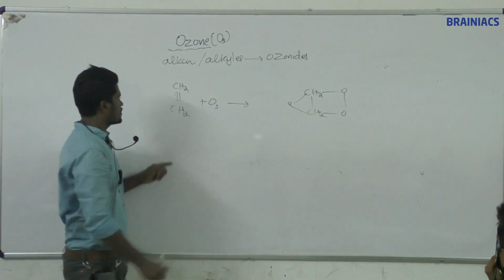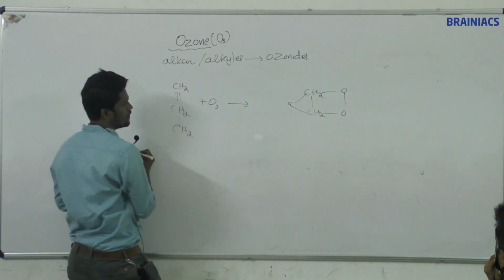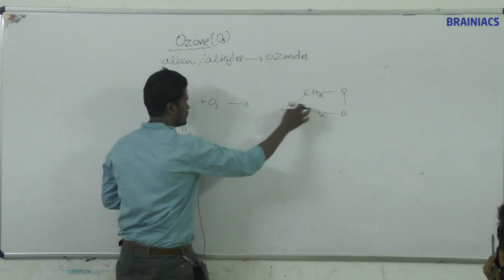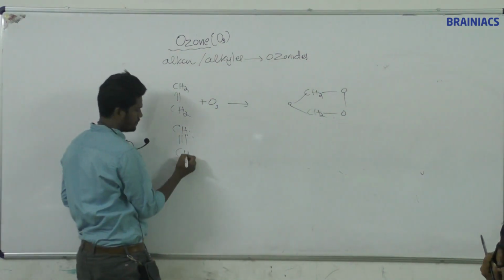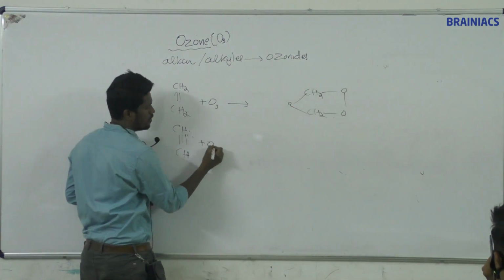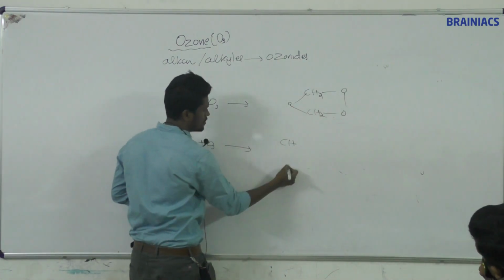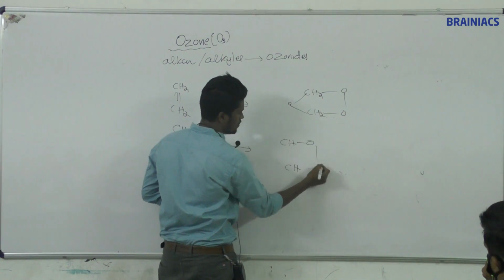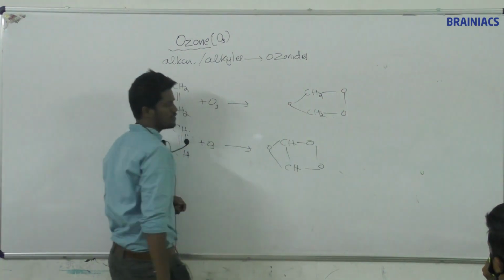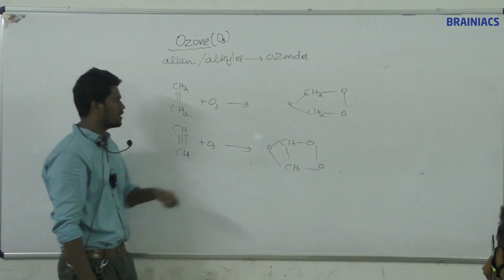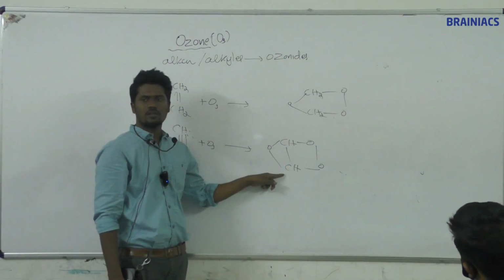And in the same way, CH triple bond CH plus ozone gives CH, oxygen and oxygen. So it gives the ozonides. This is ethylene ozonide and this is acetylene ozonide.